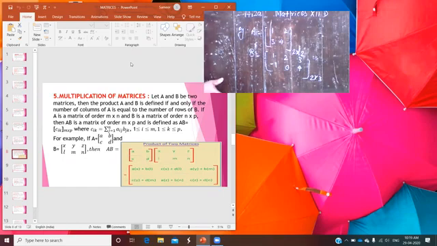You can check that in this way. So the commutative law does not hold for the multiplication of matrices, meaning AB is not equal to BA.